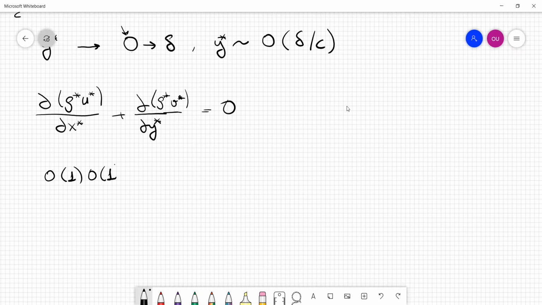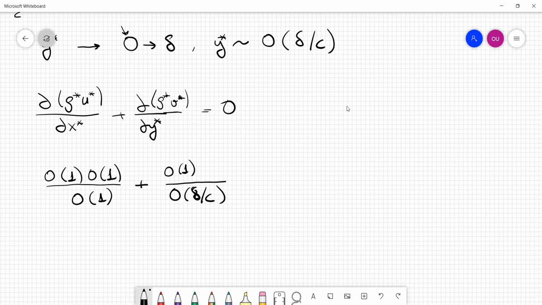U star is order of 1, and x star is order of 1. So the first term has an order of magnitude of 1. In the second term, rho star has an order of 1, but y star has an order of delta over c, not 1, so this is actually smaller.